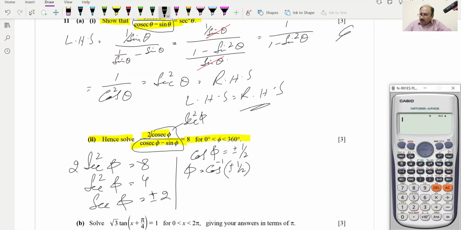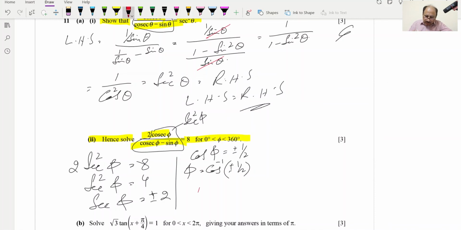Shift cos of 0.5, or 1 by 2, will be equal to pi by 3, or we can check in degree mode. So shift mode, degree, and this is equal to 60. So one angle which we got is 60 degrees, and our range is from 0 to 360.